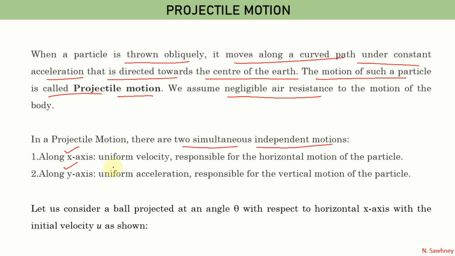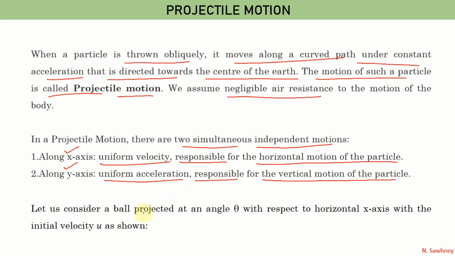There is no acceleration in horizontal direction, which means the velocity of the particle in horizontal direction is constant and hence is responsible for the horizontal motion of the particle. Along the y-axis, there is a uniform acceleration, that is acceleration due to gravity, which is vertically downwards and is responsible for the vertical motion of the particle.